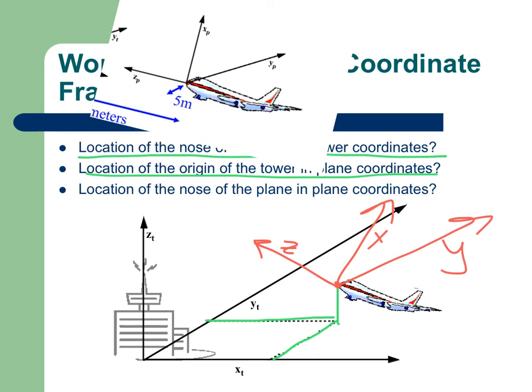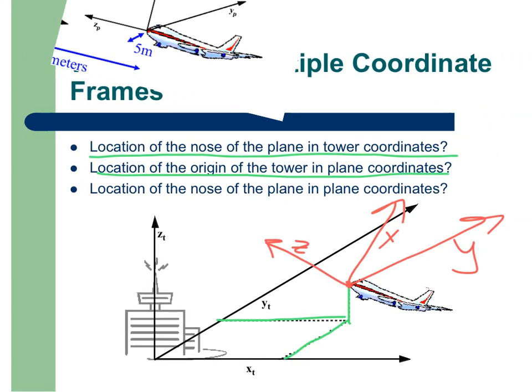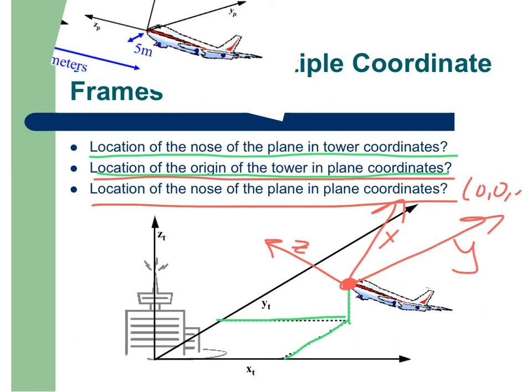So it's much nastier to draw, but you can understand that we could still figure out the location of the origin of the tower in plane coordinates. And what's the location of the nose of the plane in plane coordinates? Well, the nose of the plane is still at the origin of the plane coordinate system. So no matter what angle the plane is at, the nose is always going to be at 0, 0, 0. So that's a super easy one.